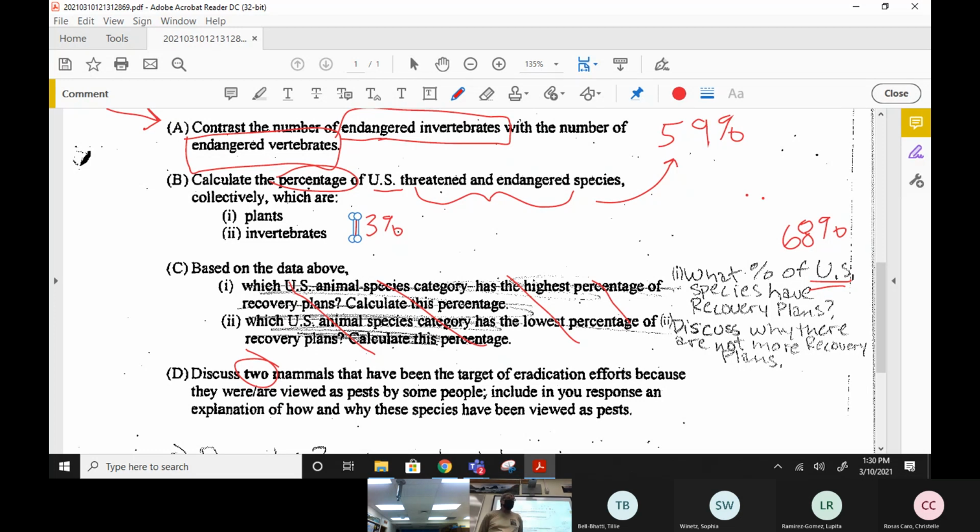Ideally, you would avoid repeating yourself and have two different kinds of stories. Ideally, but you're going to be under time pressure, so it's better to have two similar stories than only one. So you could do wolf and coyote being predators that we've gotten rid of because they prey on ranchers' cattle and other livestock.